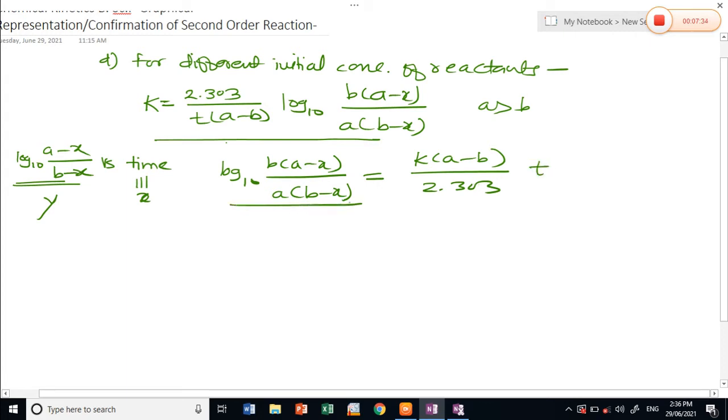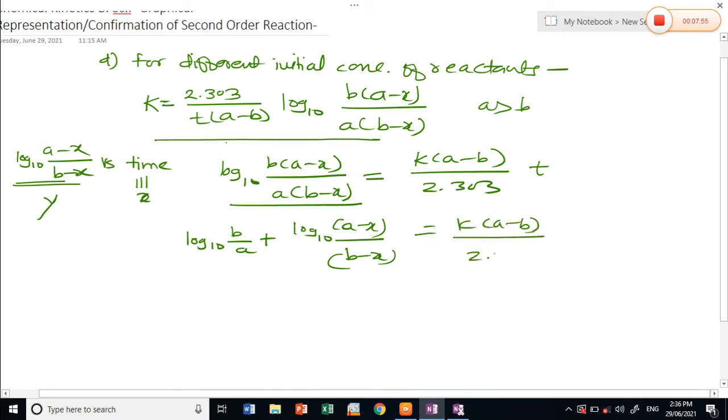So this again can be transformed like this: log to the base 10 b upon a plus log to the base 10 a minus x by b minus x is equal to k into a minus b divided by 2.303 time.